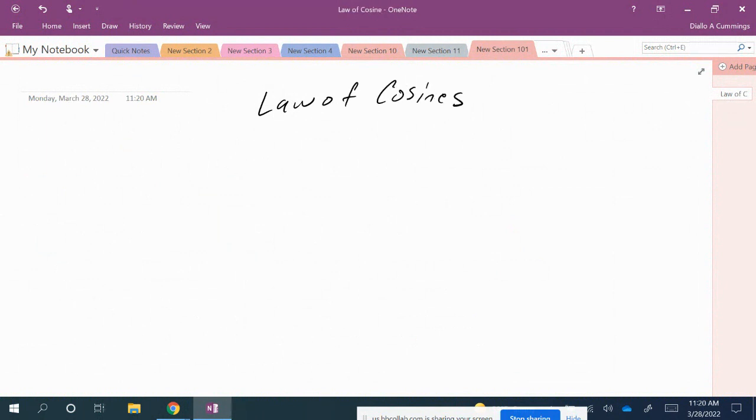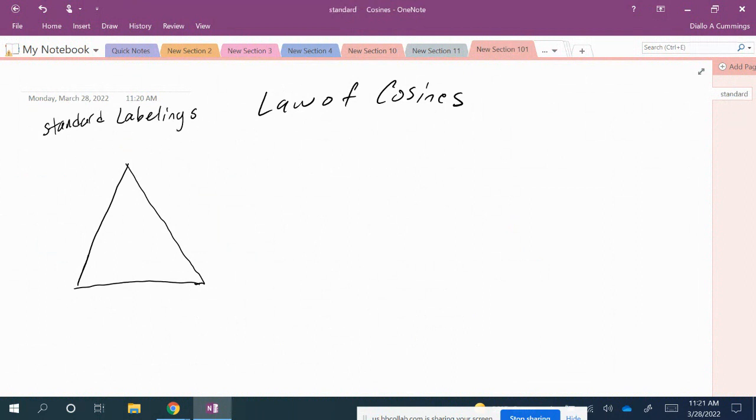As far as the triangles we'll deal with in this course, this would be the standard labeling used in the XYZ course.